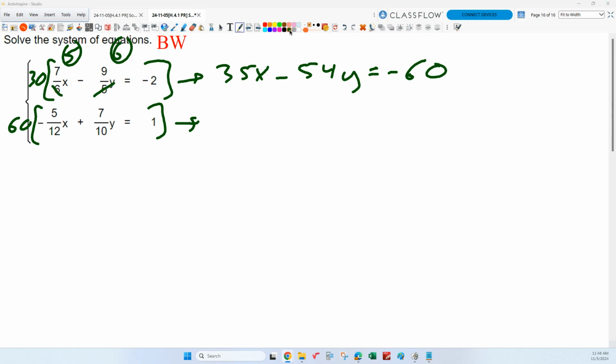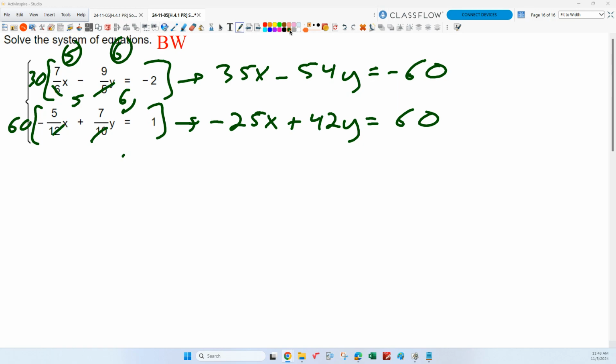Which is going to give us 60 over 12 is 5 times negative 5 is negative 25x. 60 over 10 is 6 times 7 is plus 42y. And then 60 times 1 is 60. So now we've got standard form, both equations.